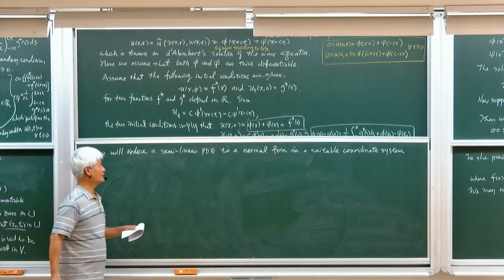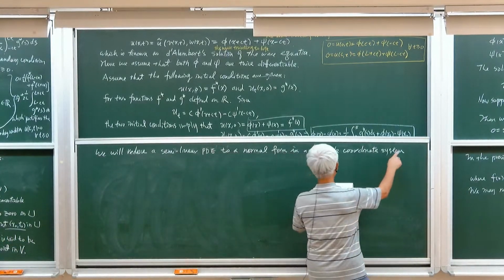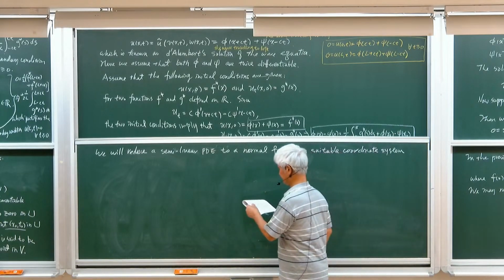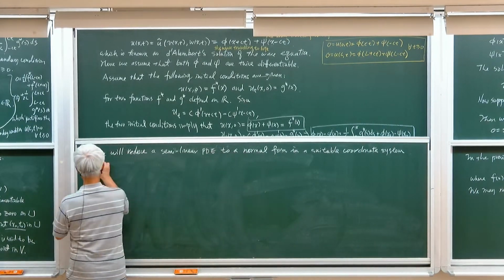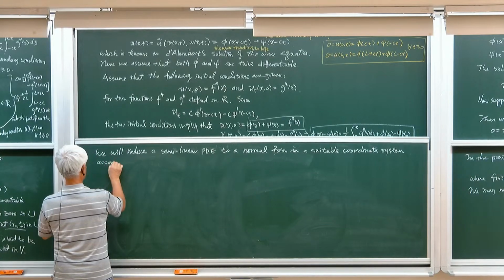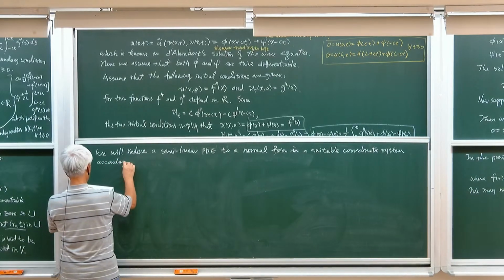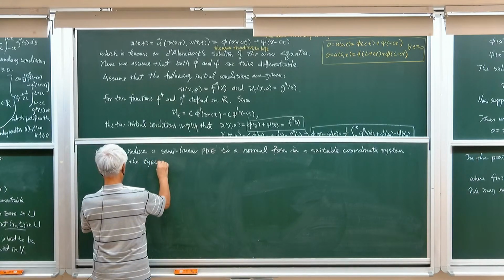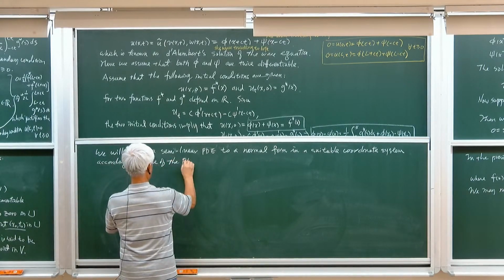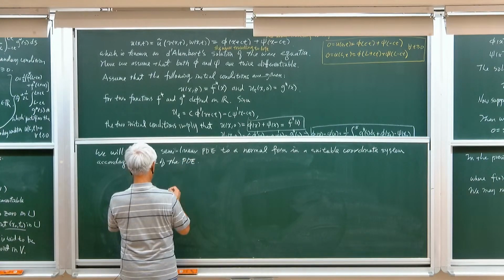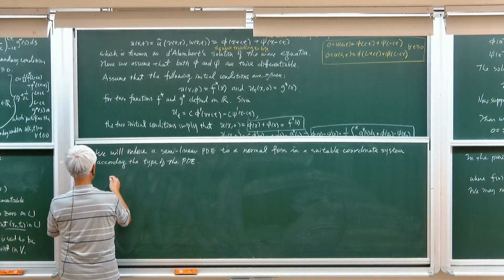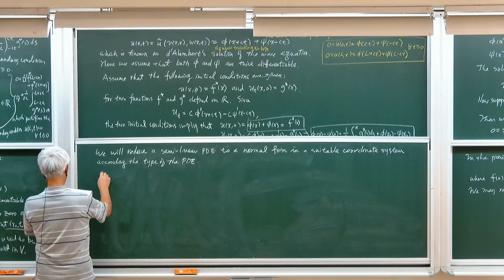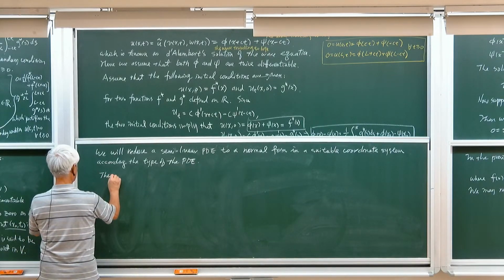So we want to find a suitable coordinate system according to the type of the PDE, right? But we need a big theorem for analysis.